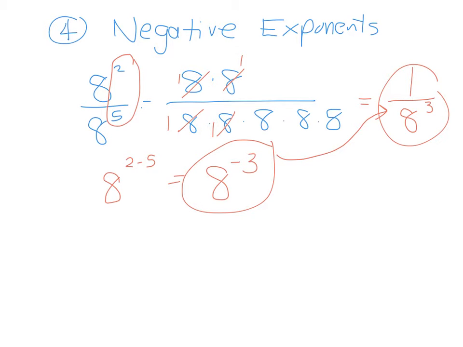This is a rule that, again, you were taught last year, but you have to memorize, that any number to a negative exponent equals that same number moved to the other side of the fraction bar to a positive exponent. n to the negative 2 equals 1 over n squared. 5 to the negative 2 equals 1 over 5 squared, which equals 1 over 25.